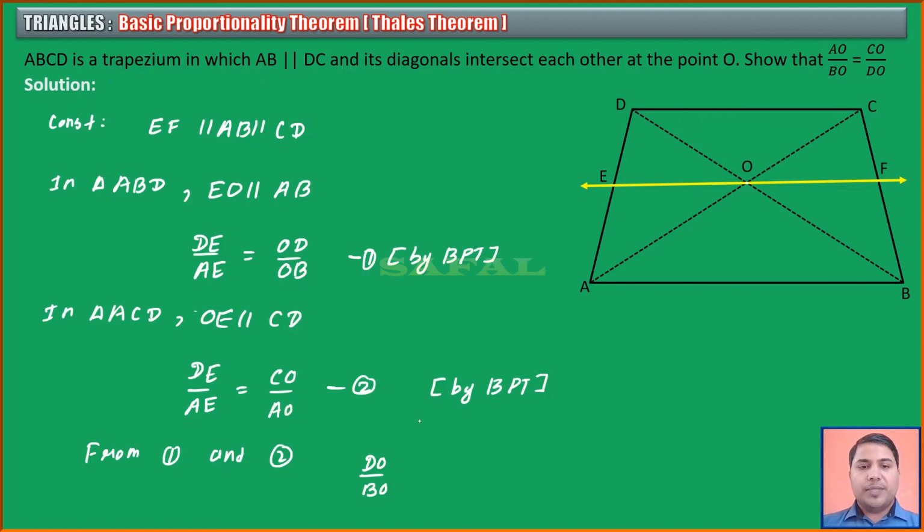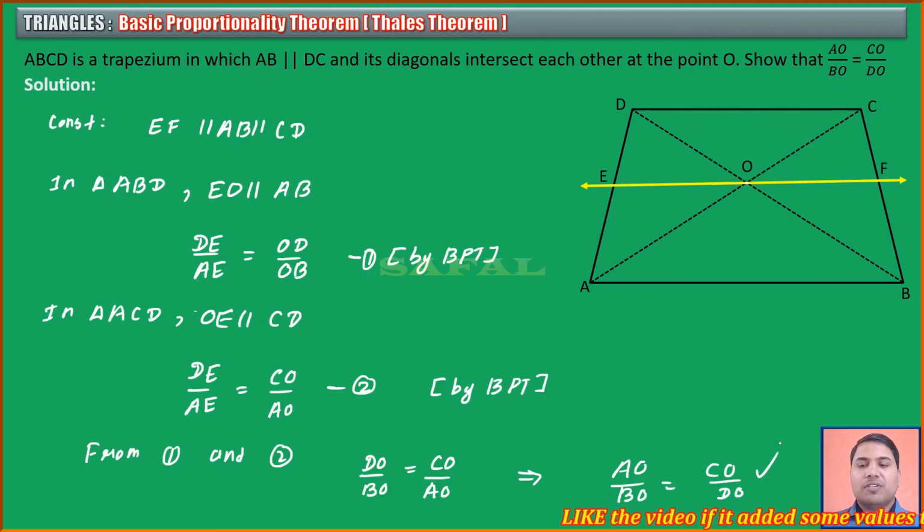So DO by BO should be equal to CO by AO. Now this I can cross multiply. So I'll get AO by BO same as CO by DO. So I am just interchanging DO and AO. So this we were supposed to prove. So with that the session gets over here itself.